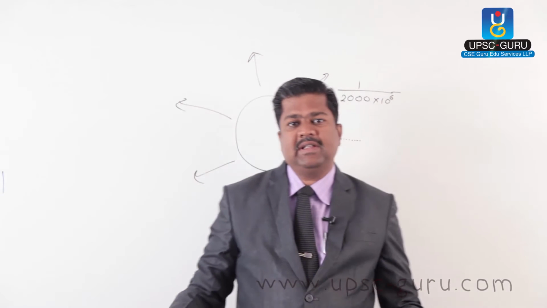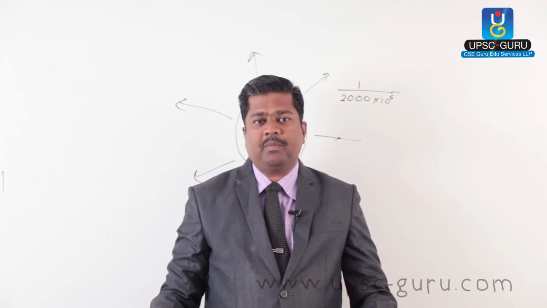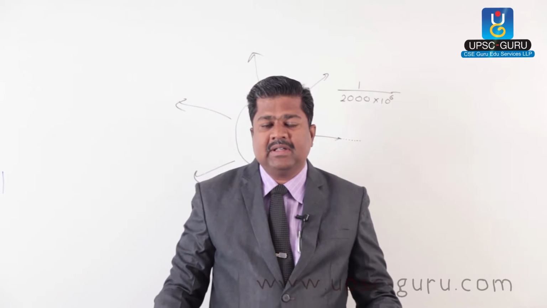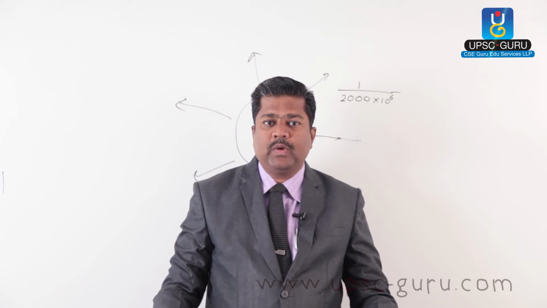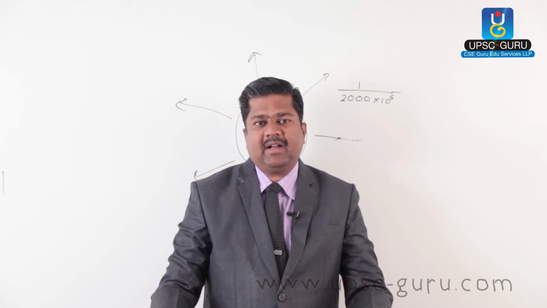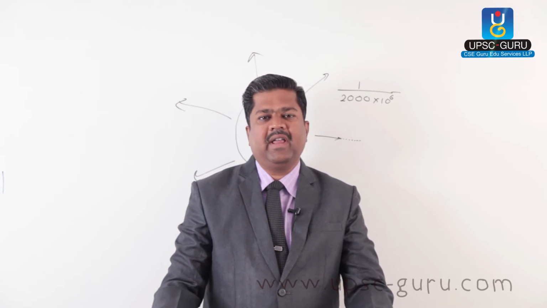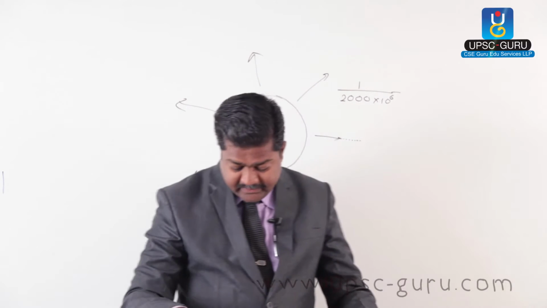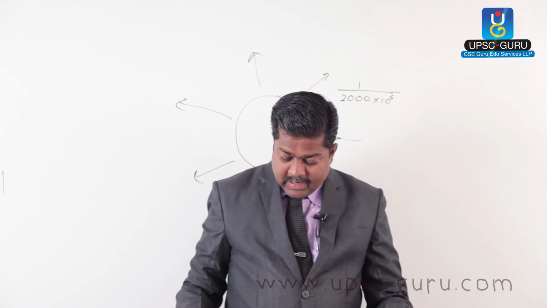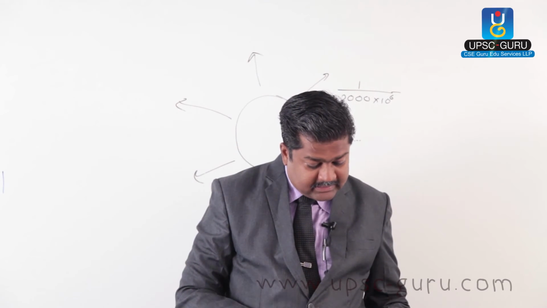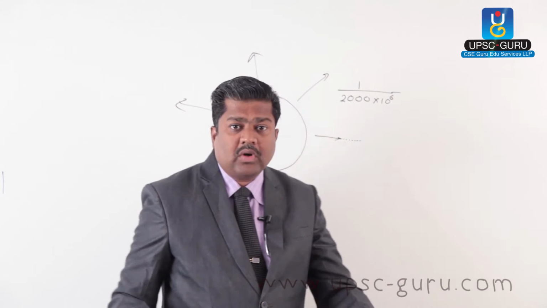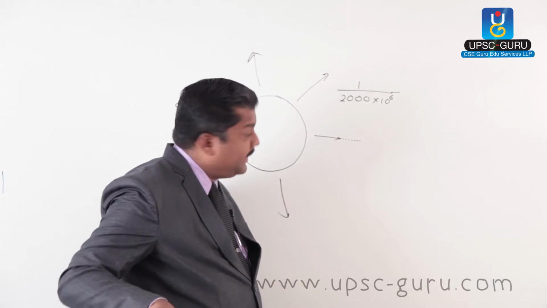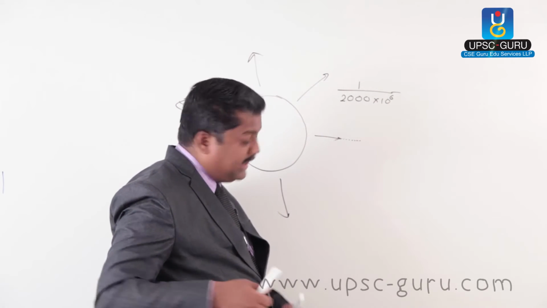So whatever energy Sun is emitting per minute or per hour or per second, suppose 100 units are emitted by Sun, then 100 divided by 2000 into 10 raised to 6 is the energy given to Earth. So this is very less. Now here we are using a concept, whatever energy is given by Sun to Earth.